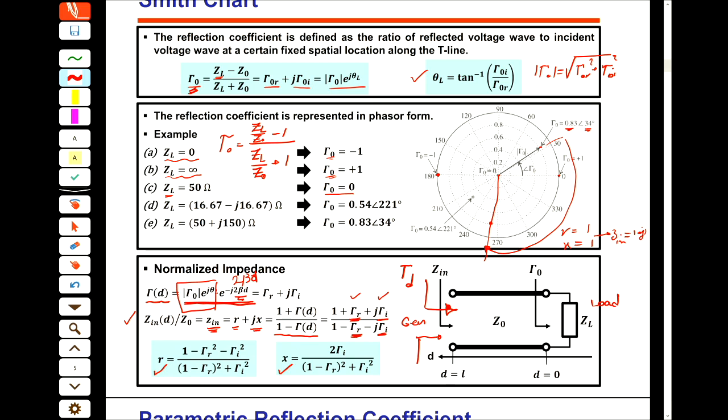So if you look at the Smith chart, you see that in the outer part of the graph we have two sets of numbers. It says wavelengths toward generator and is given an arrow clockwise.